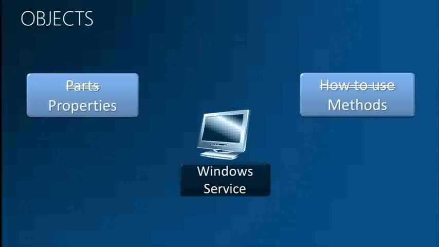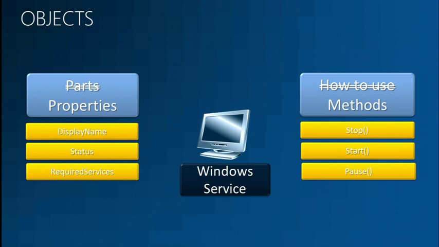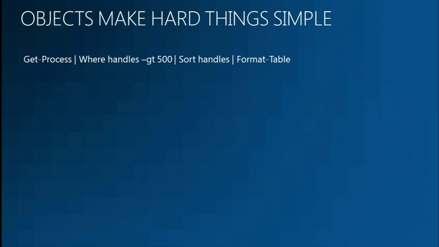Imagine a Windows service. A Windows service as an object has properties, things like the display name, the status, the required services, and it has methods, things like start, stop, pause. It's that simple, okay? So objects make things simple.